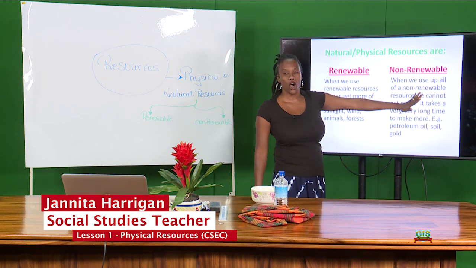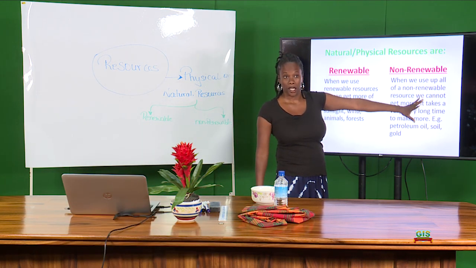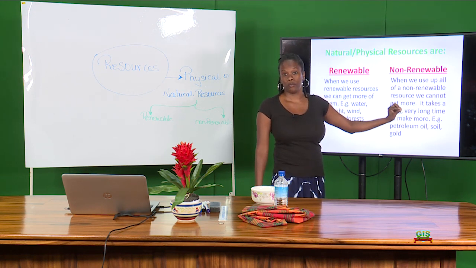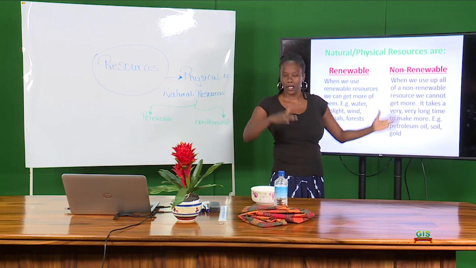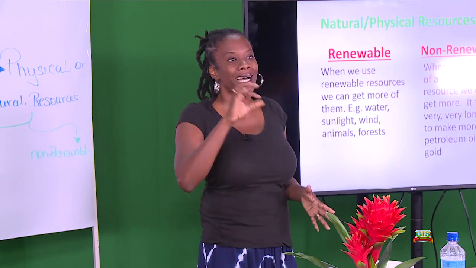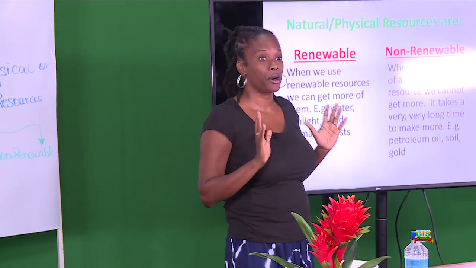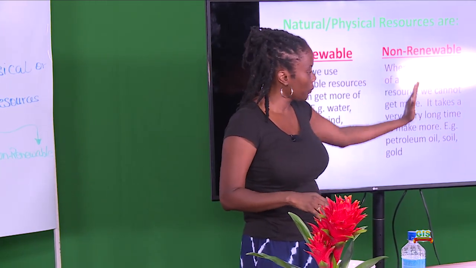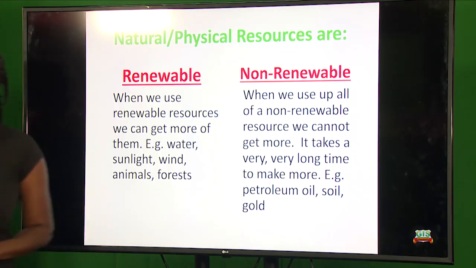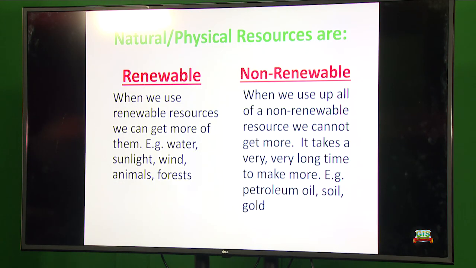And non-renewable resources: if we use them and we use all, we are not going to be able to get more in a short space of time. It takes years, millions of years, to form an inch of soil. So you can really imagine that we need to be very conscious of how we use our non-renewable resources.